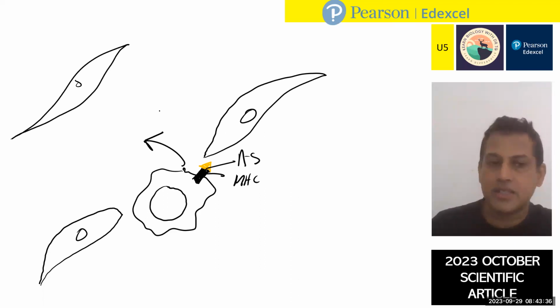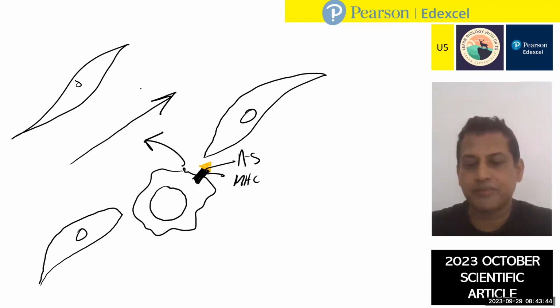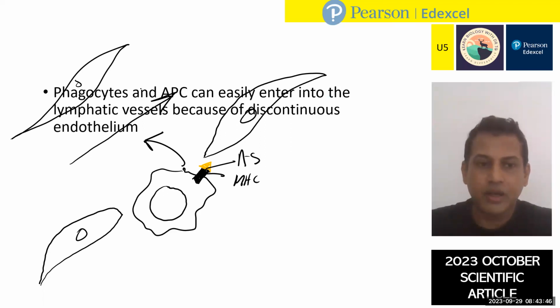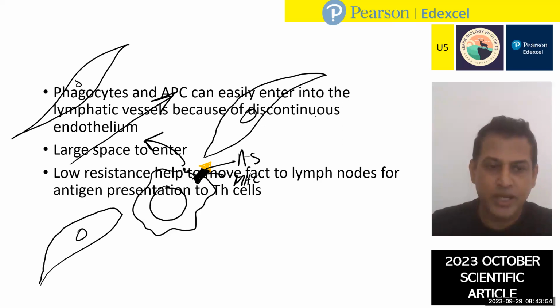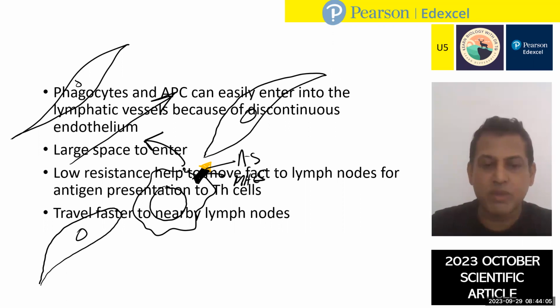Low resistance to the particles lets them move very fast to the nearest lymphatic for antigen presentation. Phagocytic and antigen presenting cells can easily enter the lymphatic vessel because of the discontinuous endothelium, with a large space to enter. Low resistance helps them move fast to lymph nodes for antigen presentation to T helper cells.